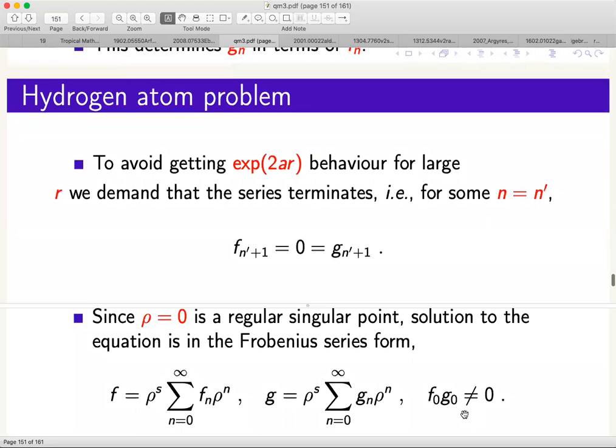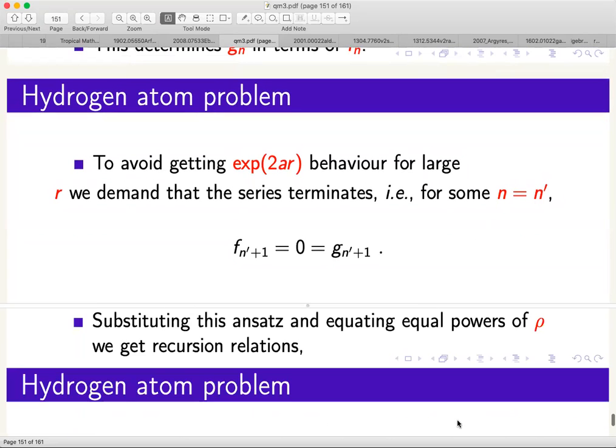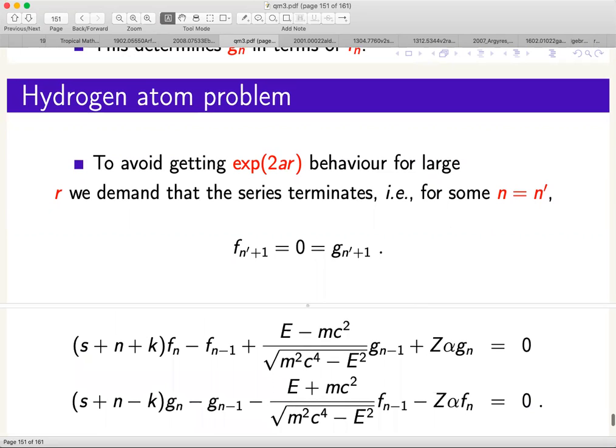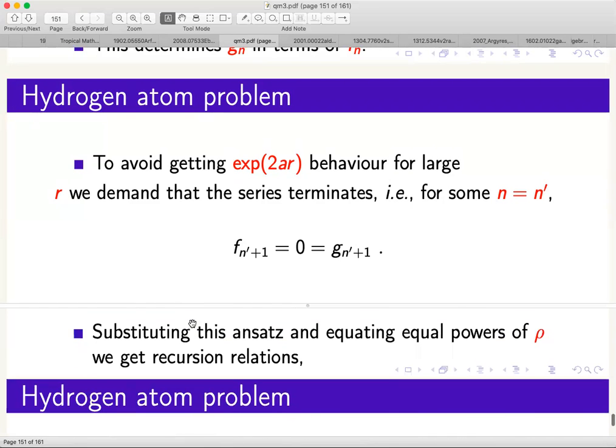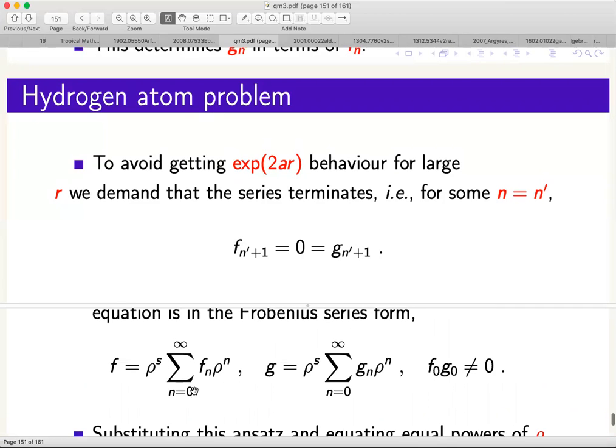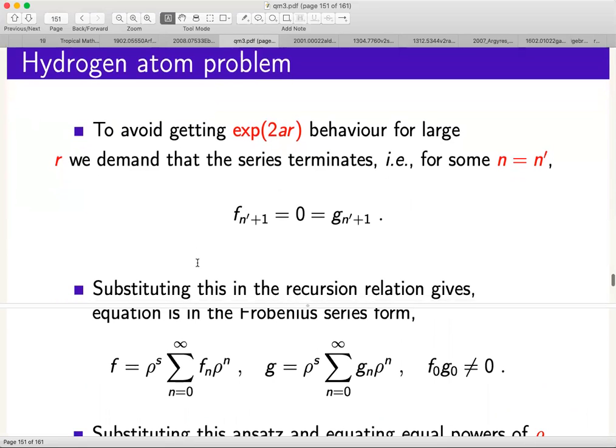Suppose fn minus 1 and gn minus 1 are 0; then you can show sequentially that fn and gn would also be 0, and then fn plus 1, gn plus 1 also would be 0. The meaning of this is that the solution is not an infinite series, but just a polynomial. It terminates at some power, and what that power is depends upon the solution you are looking at.